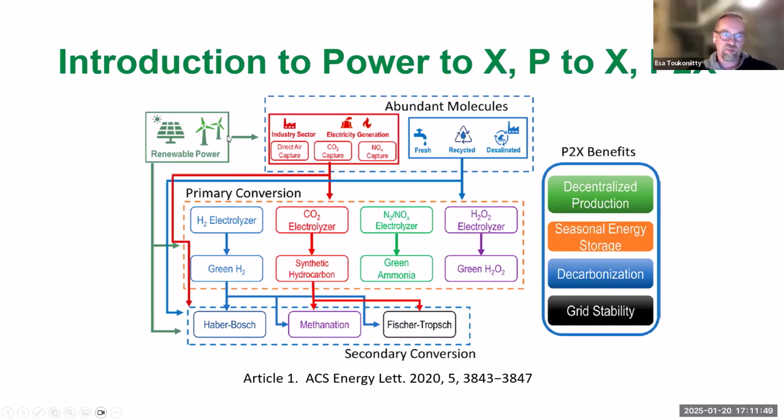There are key elements. The power, of course, could be whatever, but it's understood to refer to renewable power and renewable electricity. Not very often renewable heat, but more like electricity from wind turbines and photovoltaic cells.